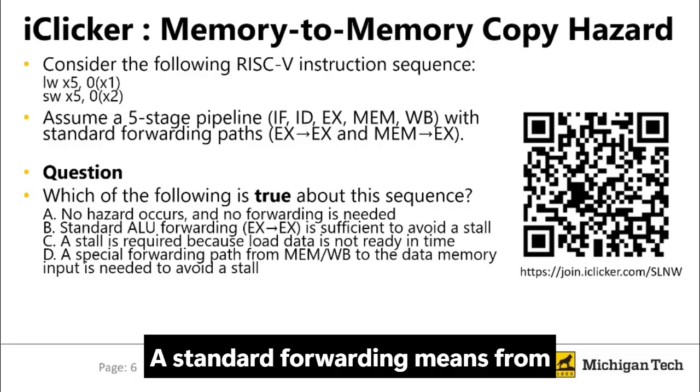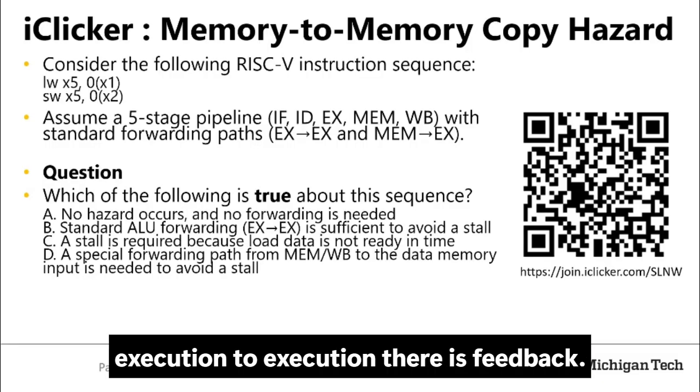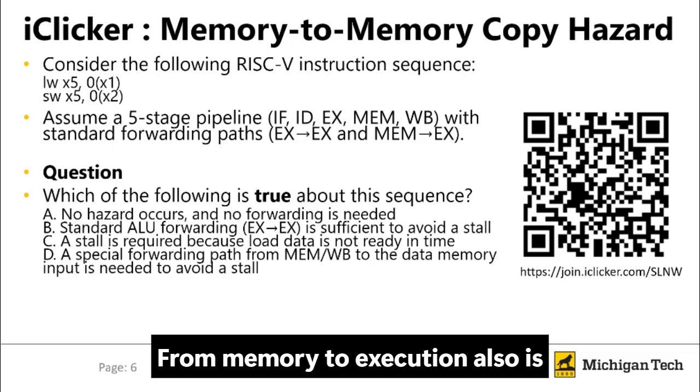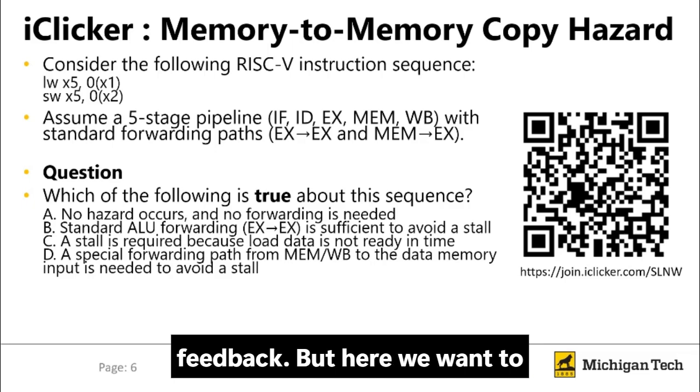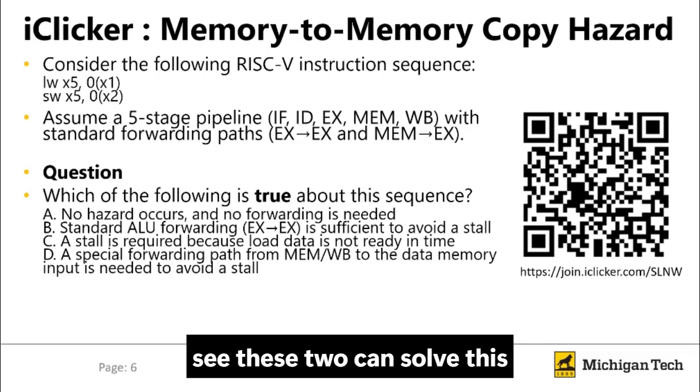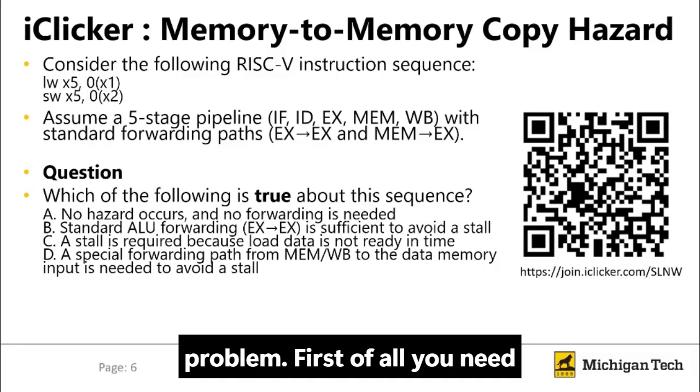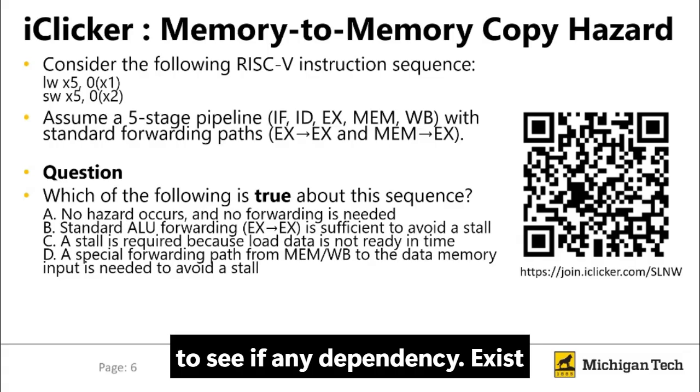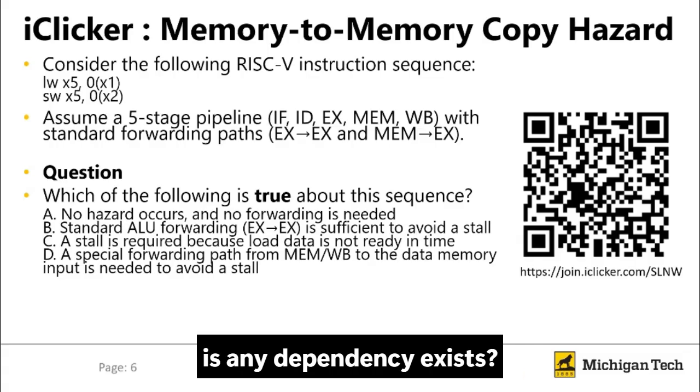Standard forwarding means from execution to execution, there is feedback. From memory to execution also there is feedback. But here, we want to see if these two can solve this problem. First of all, you need to see if any dependency exists. Does any dependency exist?